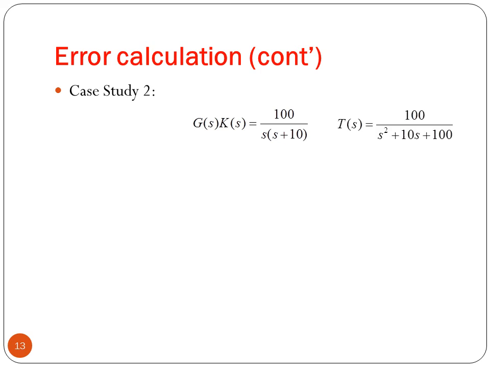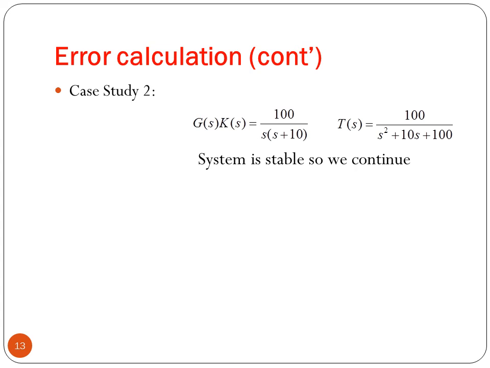Another case where the system is of type 1. So in this case, directly when we have a step input, we know that the position error will be equal to 0. The velocity error will be equal to 1 over the limit of S times G of S, K of S for S equal to 0.